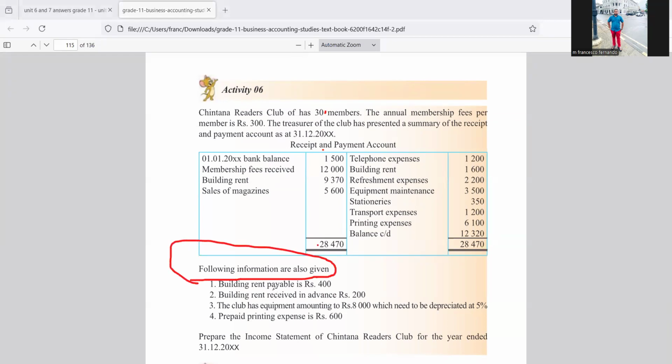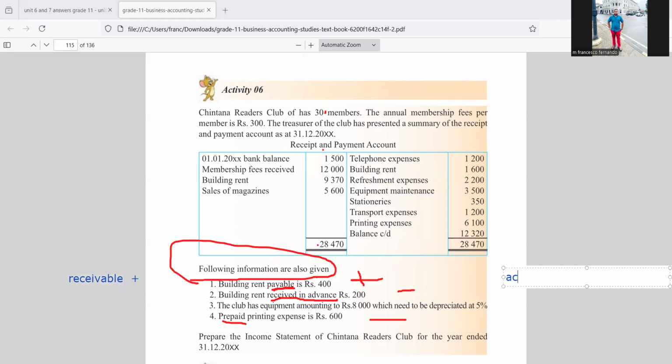So building rent payable. If something is payable, remember you have to add it. If there is a rent, something is in advance, you have to deduct it. If something is prepaid, again you have to deduct it. And if something is there as receivable, you have to add it, right?